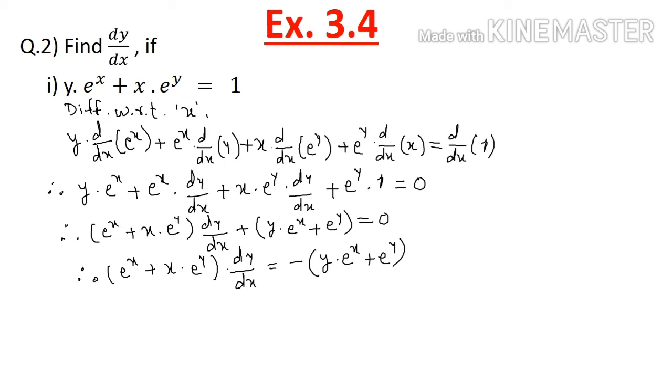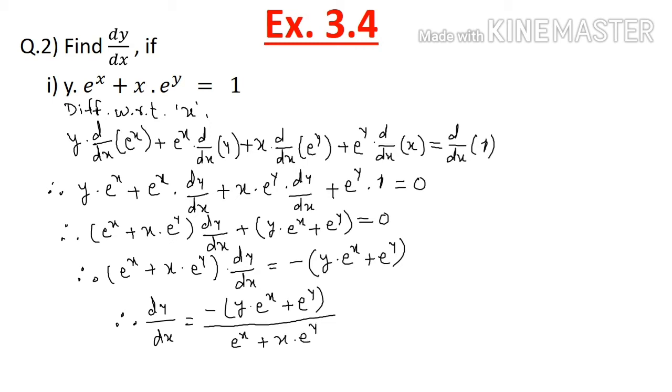So therefore dy by dx is equal to minus of y into e raised to x plus e raised to y, upon e raised to x plus x into e raised to y. That completes your sum.